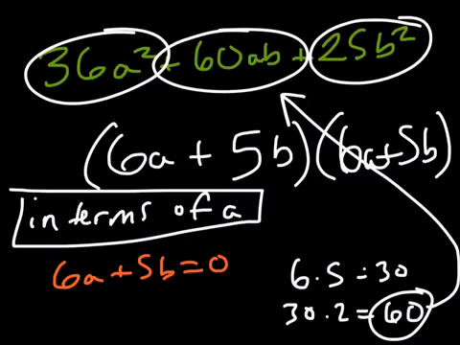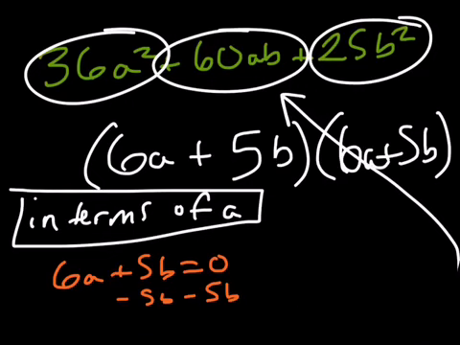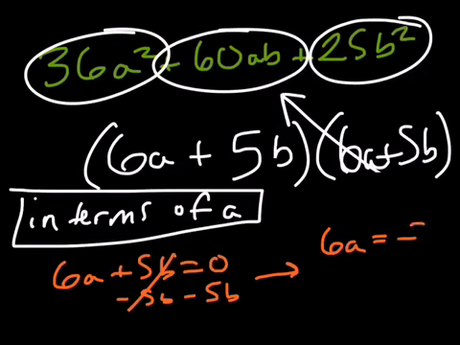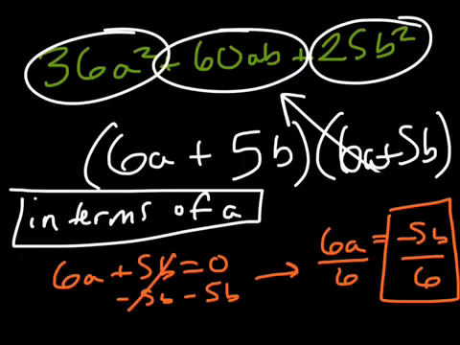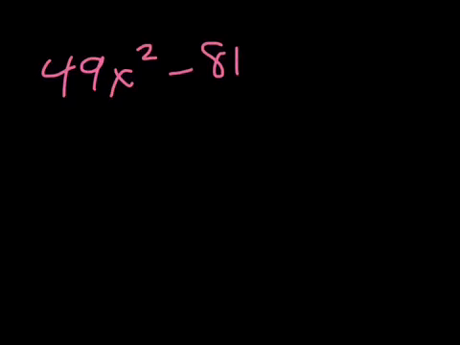So equals 0 minus 5b minus 5b. Let me erase some of this, give ourselves some more room. So that cancels. It'll work this way. 6a equals negative 5b. Divide by 6, divide by 6. Negative 5b over 6.